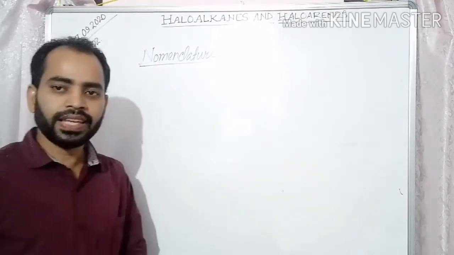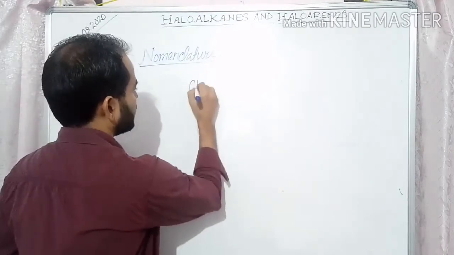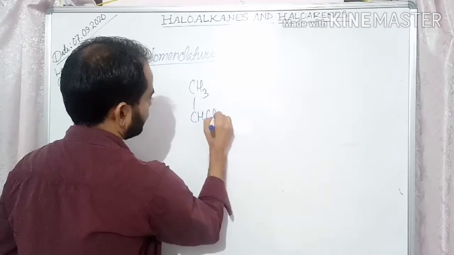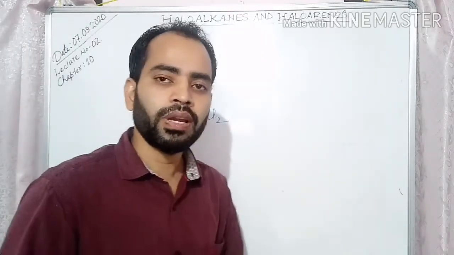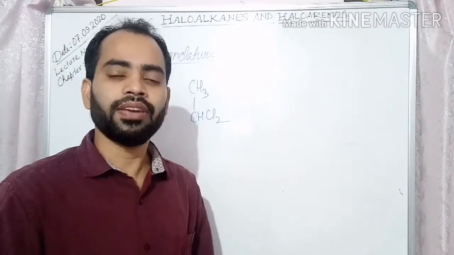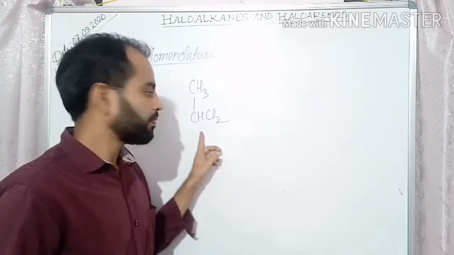Next is another thing we have to keep in mind. I'm just taking one example. Actually in your chapter mainly we have to study mono haloalkanes or arenes, but here we are taking one dihaloalkane.